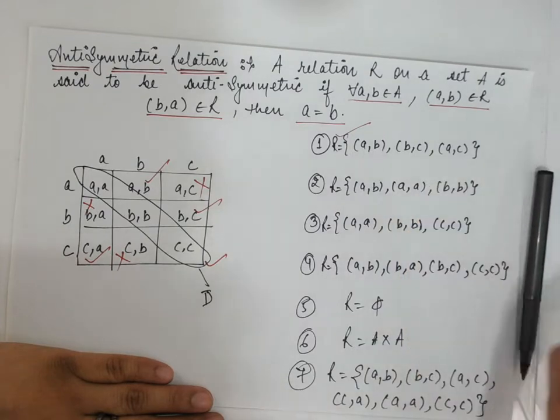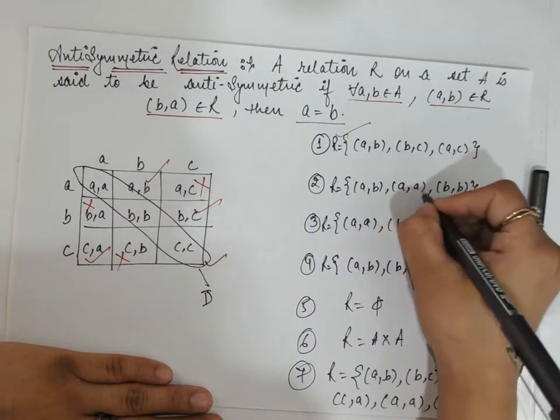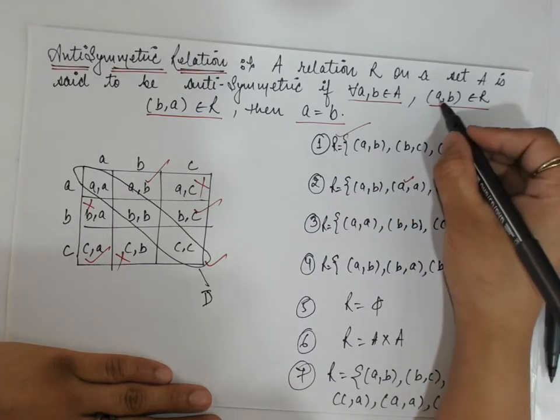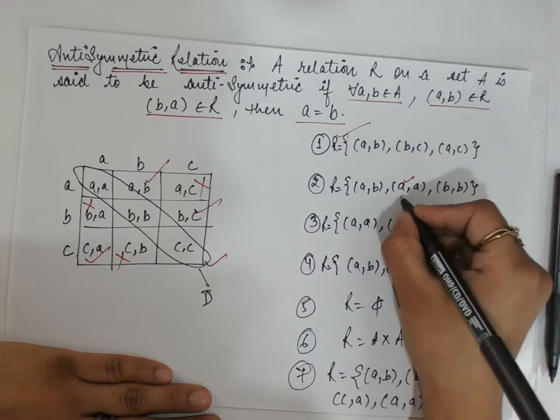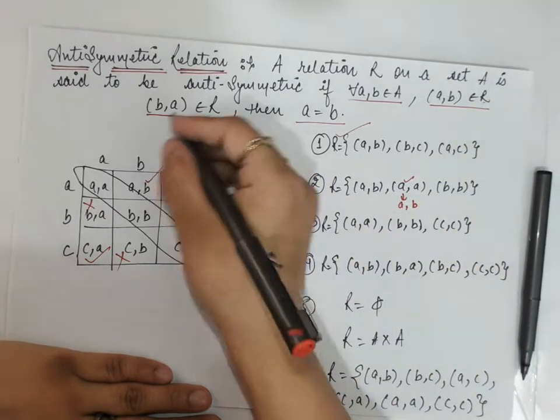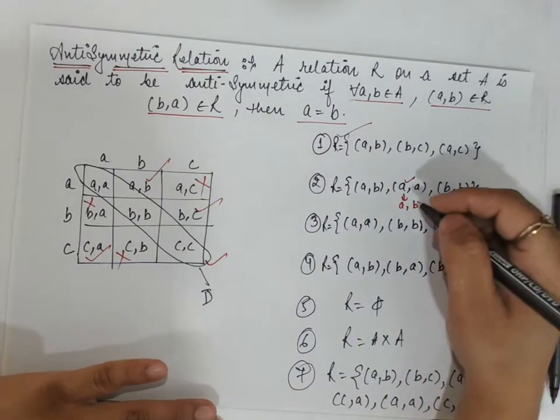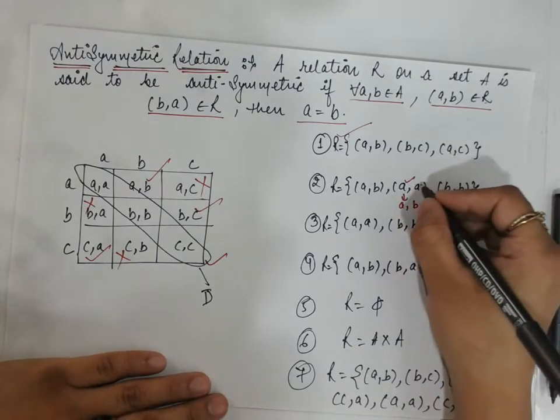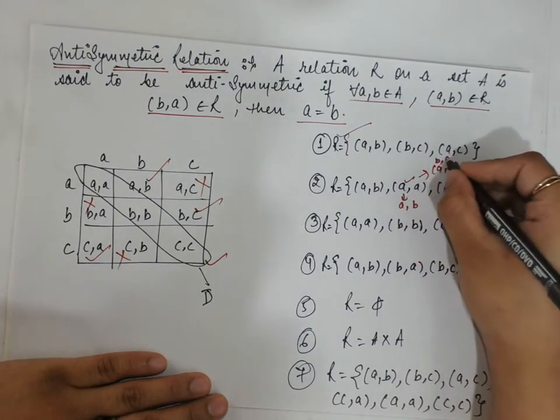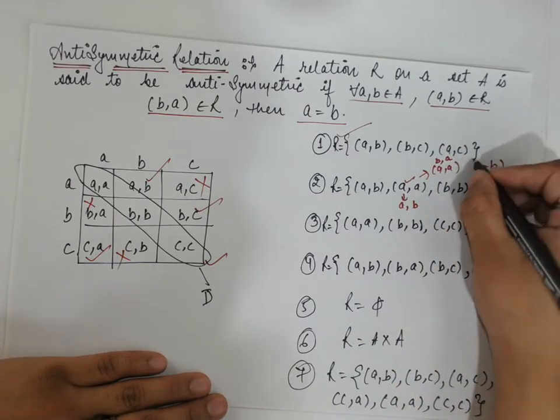(A, A) is present. Antisymmetric allows the diagonal pair because the diagonal satisfies the condition of antisymmetric: if (a, b) is in the relation and (b, a) is in the relation, then a is equal to b.